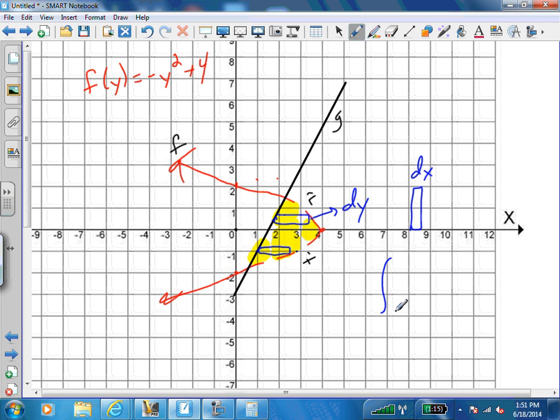When we integrate a function that has dx, then our function is a function of x. When we integrate with dy, our function needs to be a function of y. And I use the term function liberally, because it doesn't pass the vertical line test, but in a sense we can call it a function.